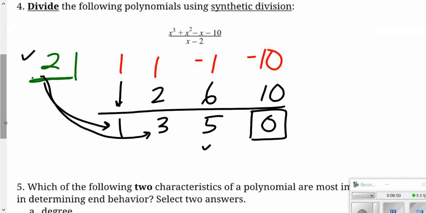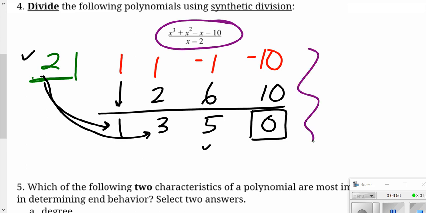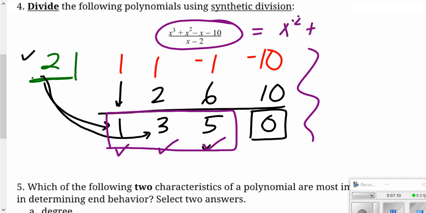Now understand, you do need to actually write the answer. The question was dividing these. My answer is not all of this gobbledygook. My answer is interpreting the result down here. So my result is, let's see, this is a constant, this is an x, this is an x squared. So 1x squared plus 3x plus 5 with a remainder of 0.